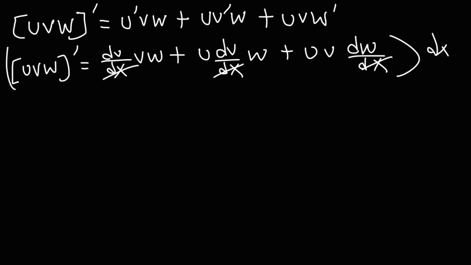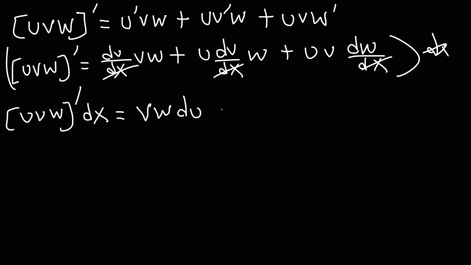So these will cancel. And so we're going to get u v w prime times dx, and that's going to equal v w du plus u w dv plus u v dw.